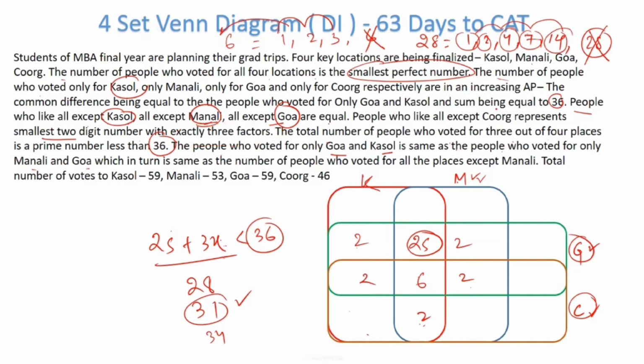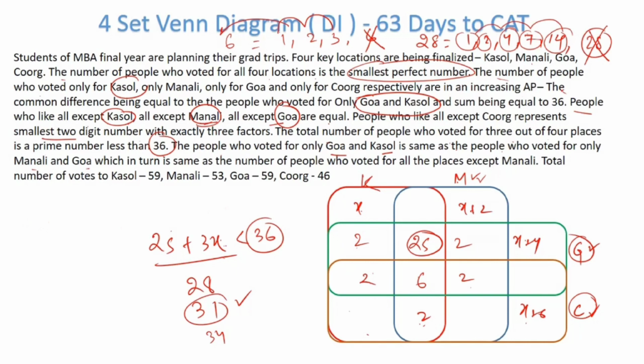Kasol and Goa is something which we know right now. Okay, so the common difference here is same as the number of people who voted for Goa and Kasol. So here the numbers, let's say x, x plus 2, x plus 4, x plus 6. Why? Because common difference is same as the number of people who voted for only Kasol and Goa, right?